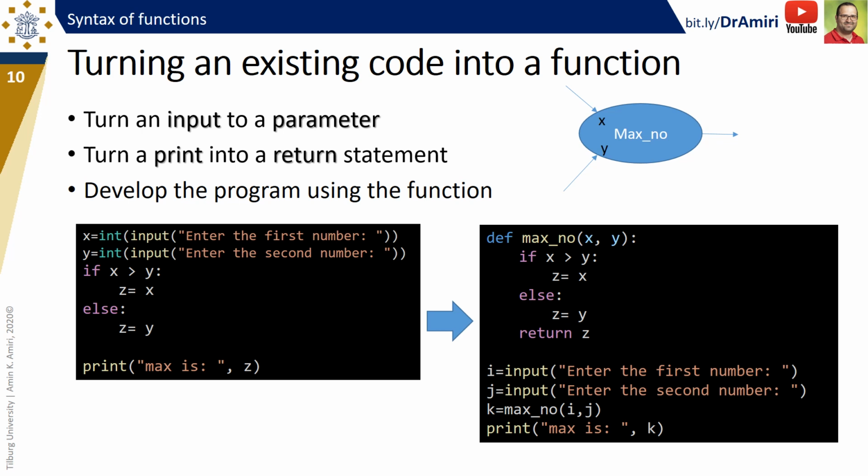These I and j are going to be called x and y inside the function. And after that, because I have a return in this function, there must be an equal sign and a variable name behind the name of the function in the main body of the code. And after that, I can print the result of the outcome of the function.